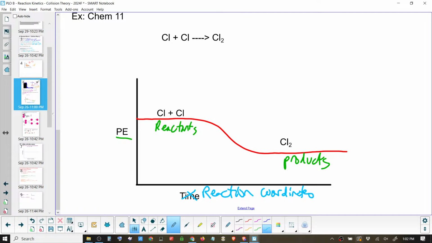And, as many people did, you would have drawn the hump, as many of you seem to refer to it. Sounds a little weird, to be honest. I'll just put a dotted line here. Those of you who did it this way, what's that? The activation energy.